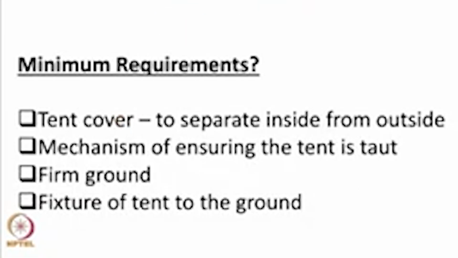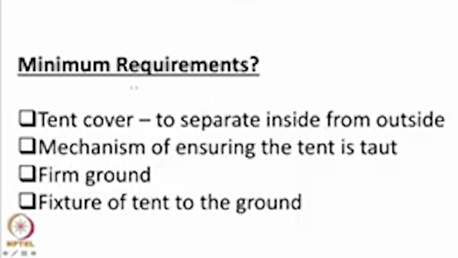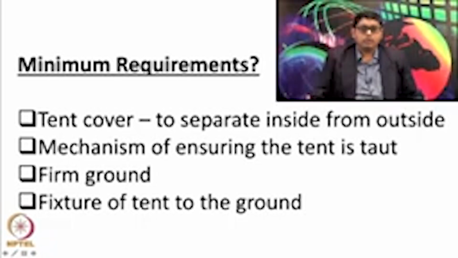So, you need a tent cover, or the canopy, the biological equivalent. You want a tent cover to separate the inside from the outside. You have to have a mechanism of ensuring that the tent is taut. If the tent is not firmly secured to the ground, then if there is a lot of wind, the tent will collapse.